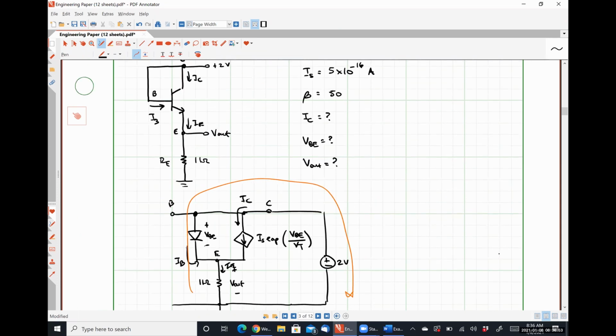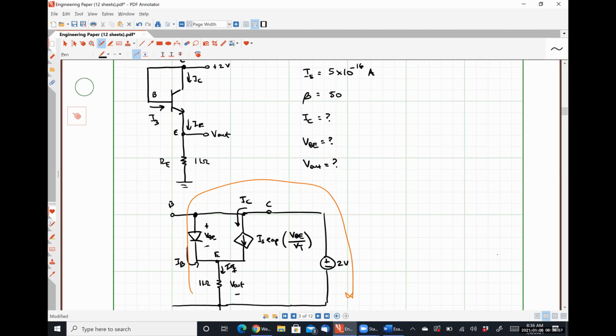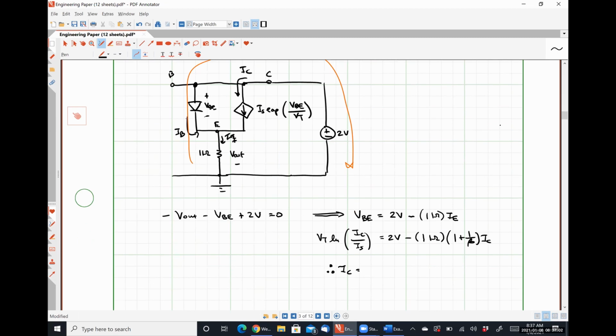Where, to be clear, IS is 0.5 femtoamps and beta is 50. .233 milliamps.